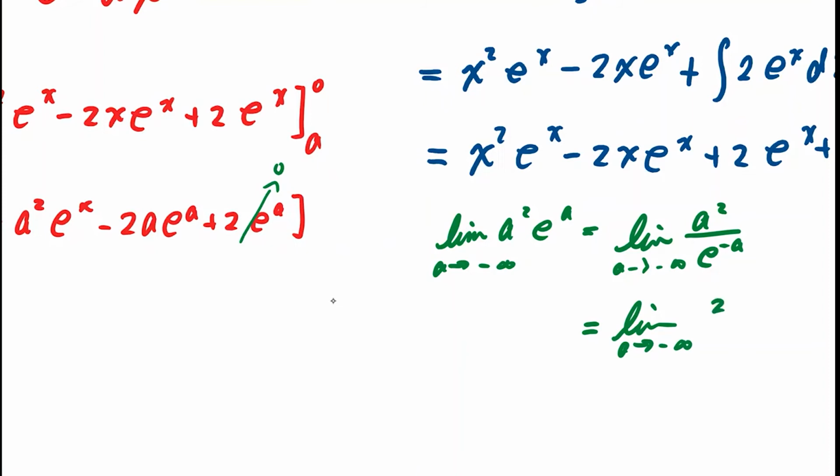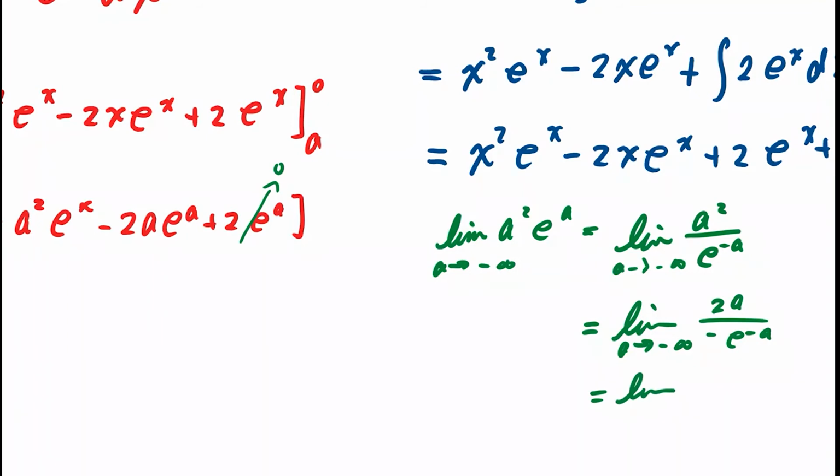So the derivative is 2a over negative e to the negative a, right? And then this is still infinity over infinity, isn't it? Because when a approaches negative infinity. So round 2. You get it?